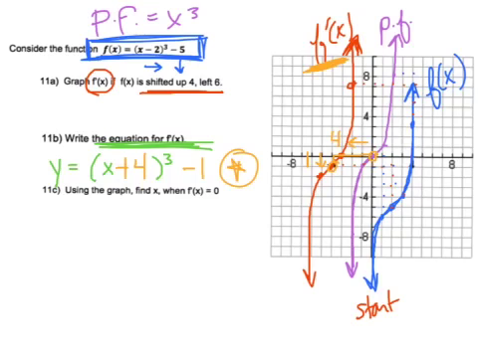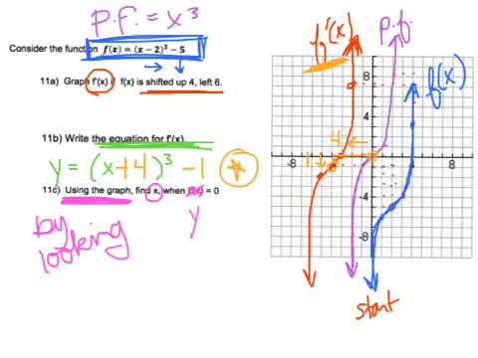Now, last but not least, our final thing, which we'll do in pink, is using the graph. By looking at your beautiful red graph, find your x value when f prime, which is just a fancy word for y, equals 0.